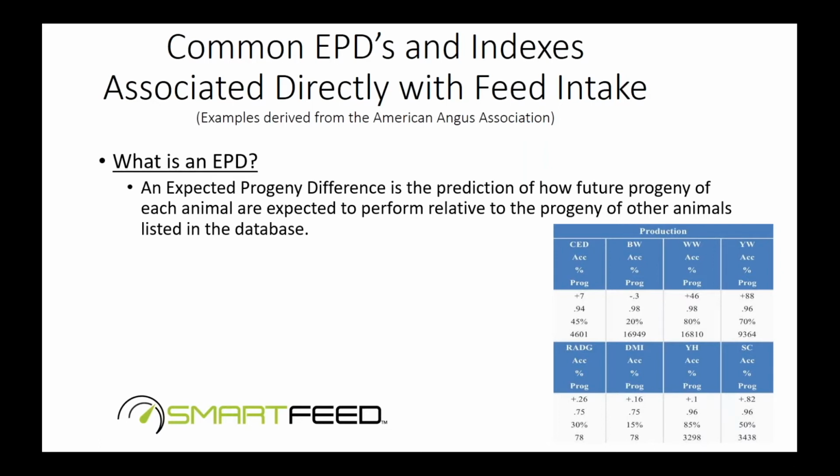In general, these statistical models use various data points, including the individual animal's performance data, data generated from its ancestors, what we call collateral relatives, such as brothers and sisters, along with direct and indirect progeny, such as grandsons and granddaughters, etc. While each EPD includes its own list of specific data points utilized in its calculation, all of the performance records used in these calculations have already been adjusted for factors such as age, sex, and age of dam prior to being included in the database.